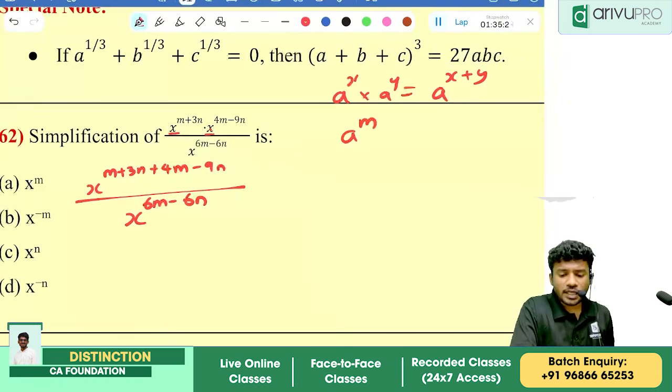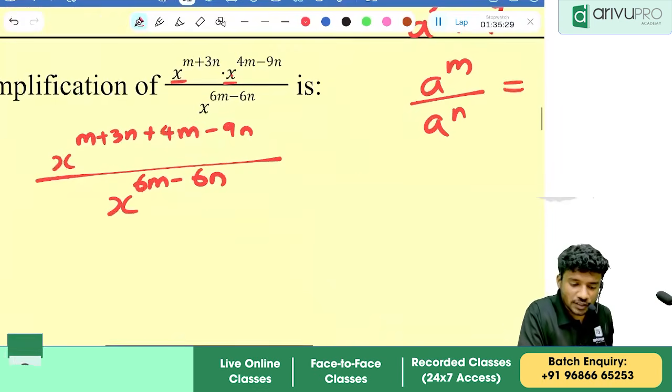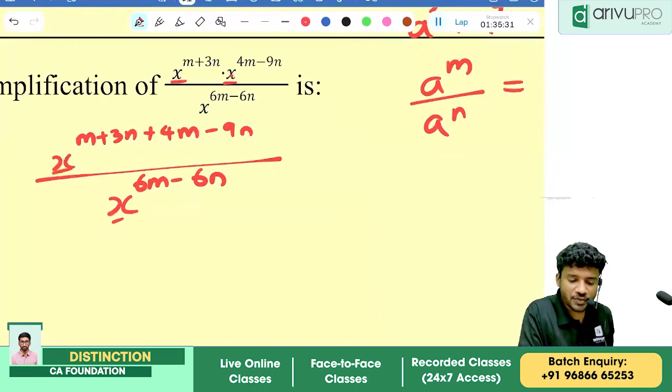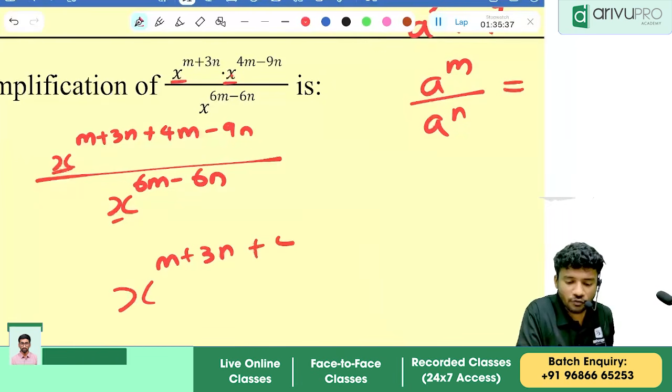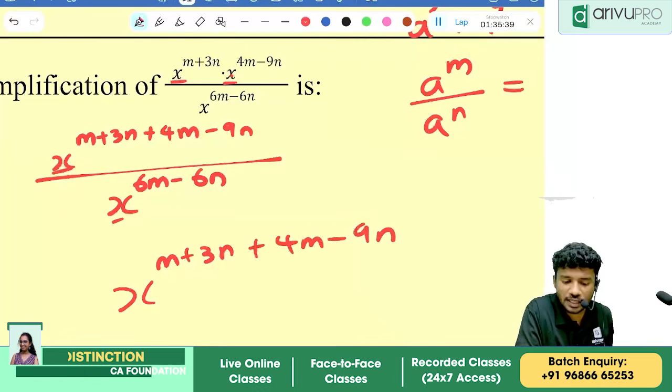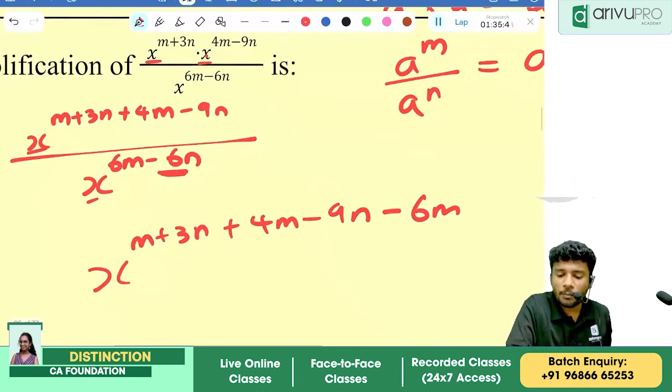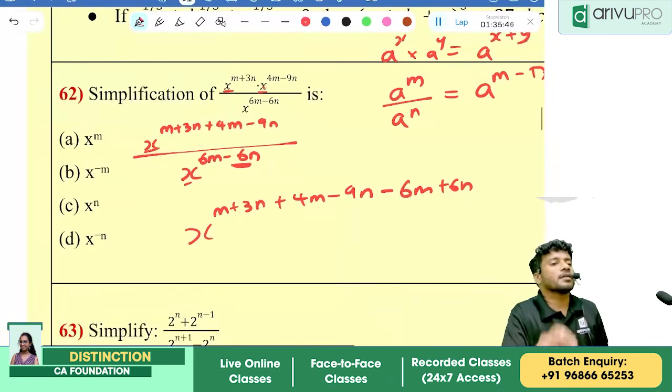Now people, one more question I will ask you. A raised to m divided by a raised to n is what? A raised to m minus n. So using the same logic, bases are same. So x raised to what? m plus 3n plus 4m minus 9n minus 6m plus 6n. Minus of minus will become plus 6n. Get me the answer.